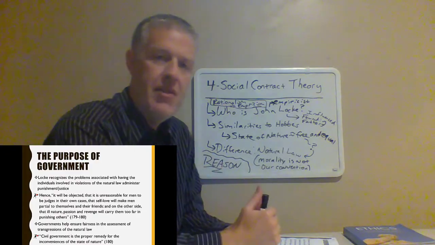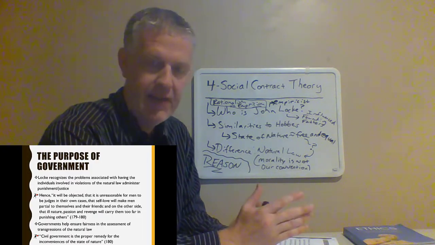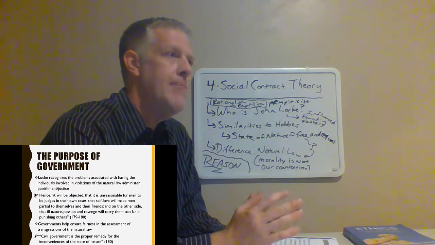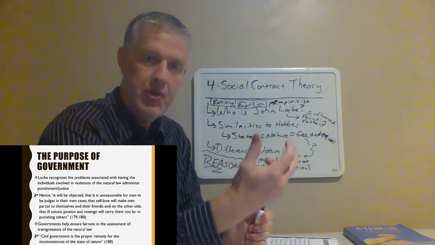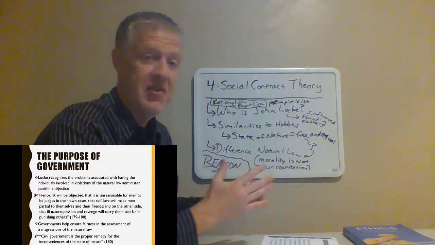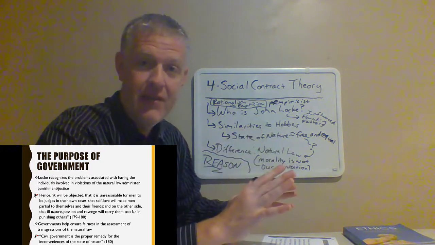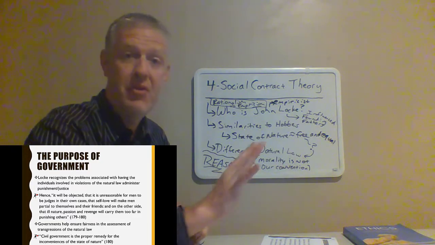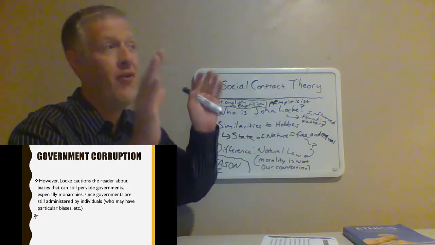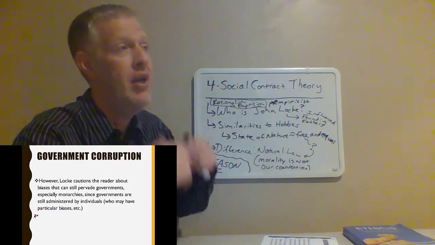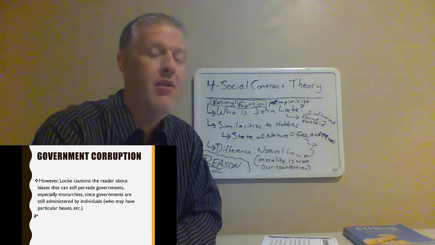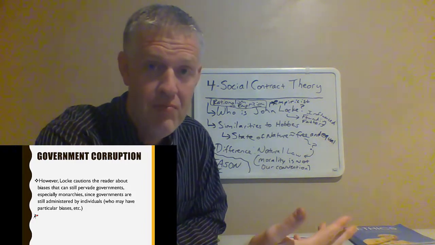What I find interesting, and what's really worth emphasizing here, is that almost immediately after he describes the benefits of entering into a social contract and submitting to a sovereign or a government, he then turns his attention to warning us about the possibilities of government corruption, the sovereign becoming corrupt. So while it's in our best interest to submit to a social contract and to a sovereign, look out, because the sovereign is human as well.